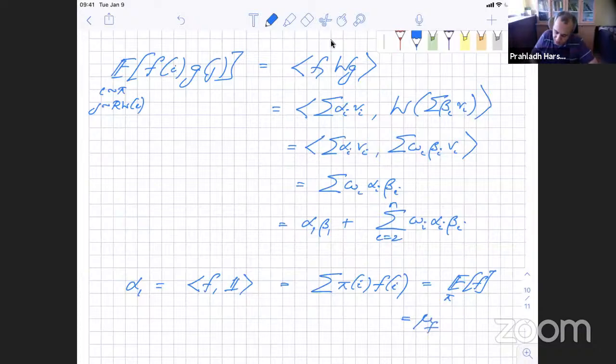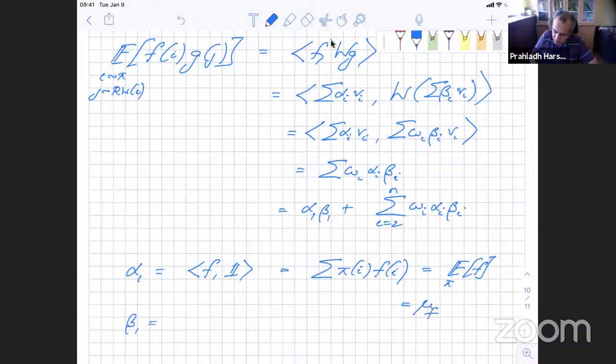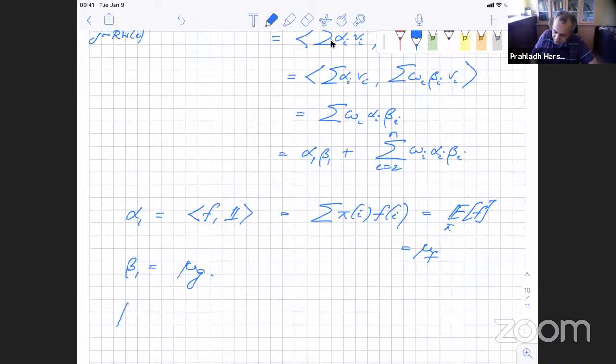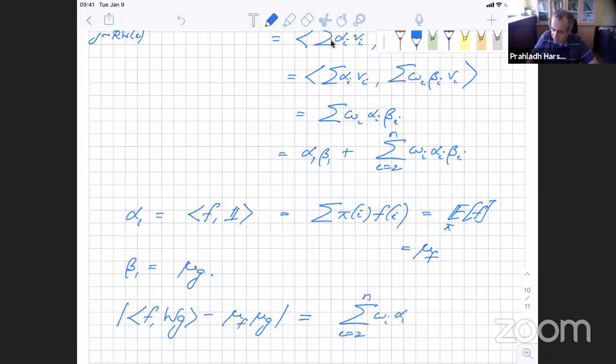Similarly, beta 1 will be mu g. Therefore, the expression that we care for, F, W G minus mu f times mu g, is in fact exactly equal to the summation from i equals 2 to n of omega i alpha i beta i.